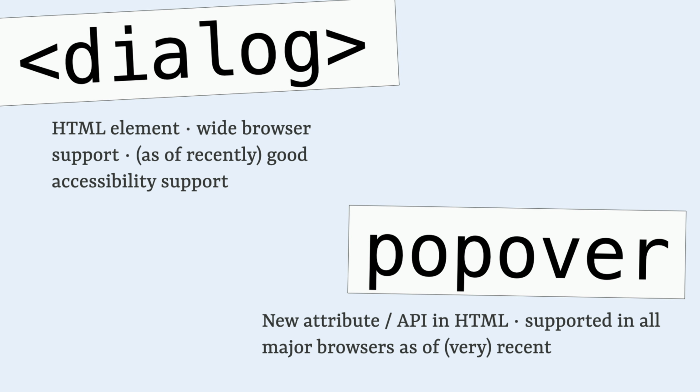And then the dialog element has been around for a bit longer, but there have been accessibility concerns for a while and lots of kind of bugs around that have been fixed. So also for dialog, now is kind of the time where it starts to make sense to use them.